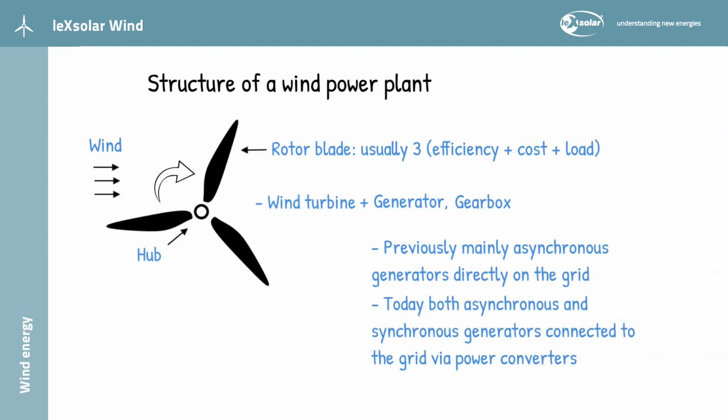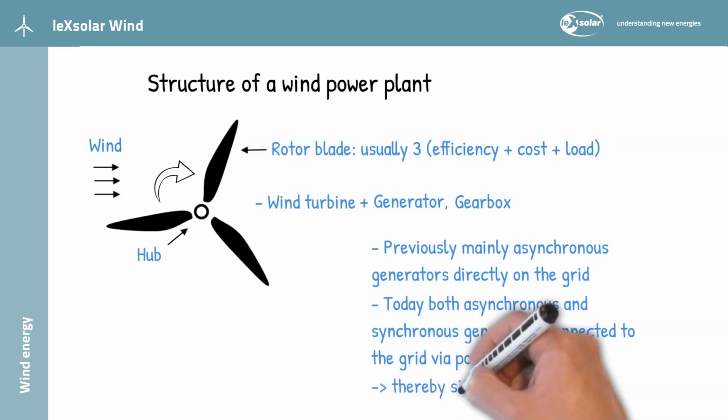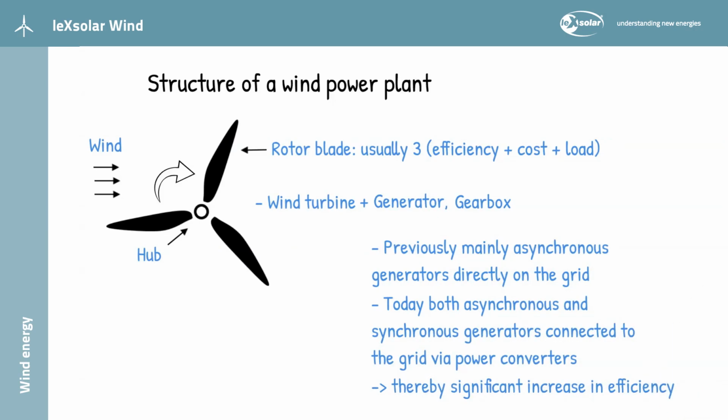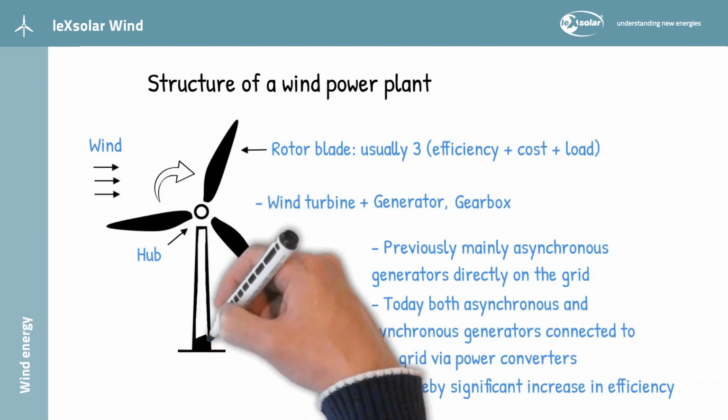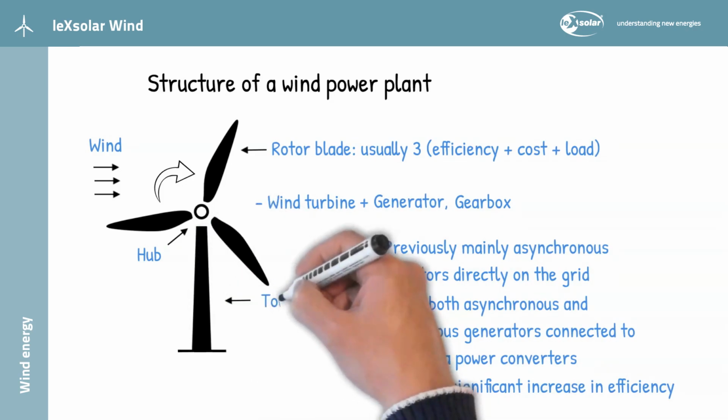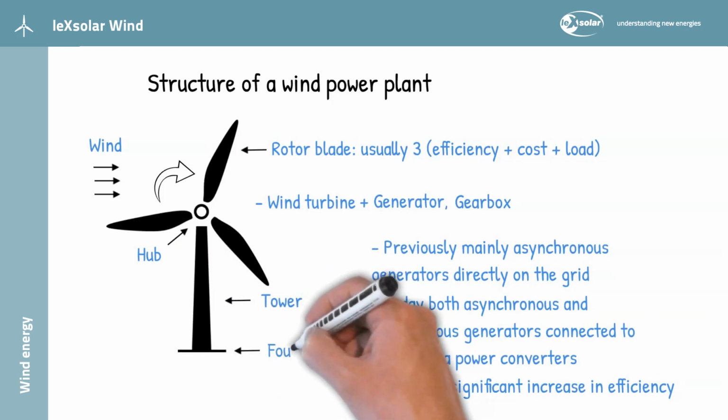For this purpose, a rectifier and an inverter are usually used, which makes it possible to adapt the speed of the wind turbine to the wind speed and thus significantly increase the efficiency. This entire system sits on the top of a tower, which in turn is mounted on a stable foundation.